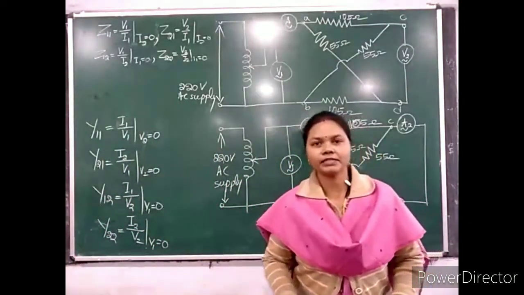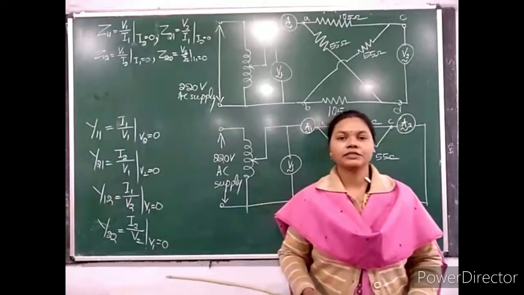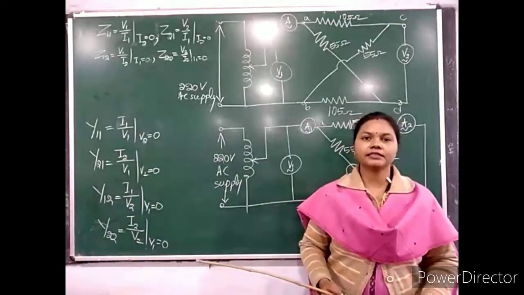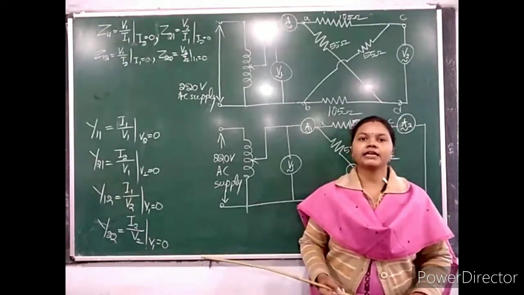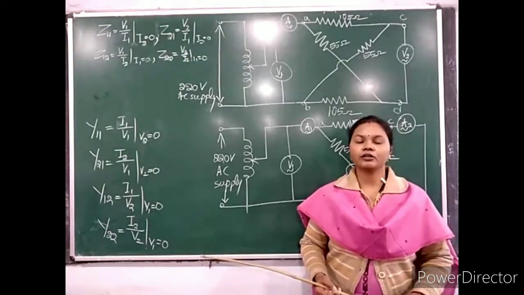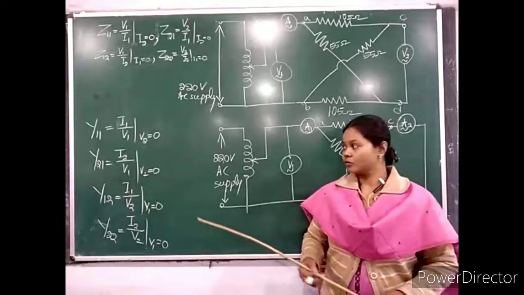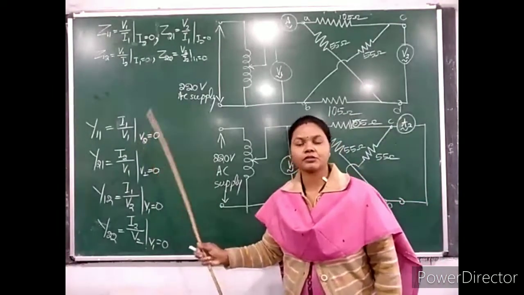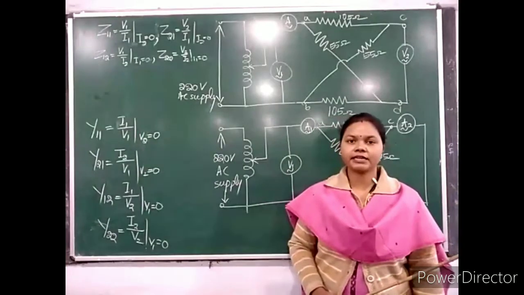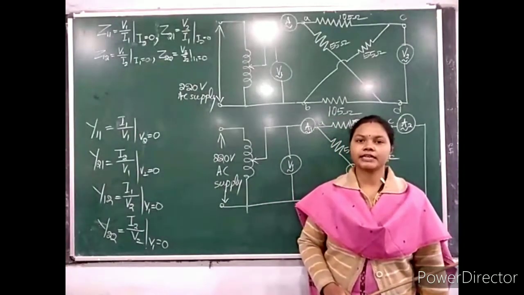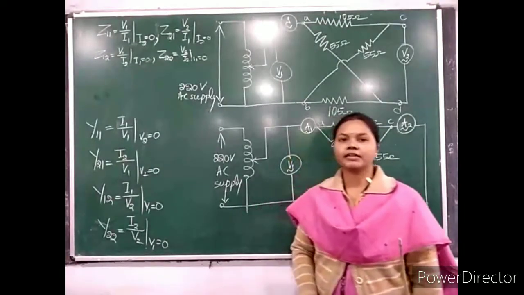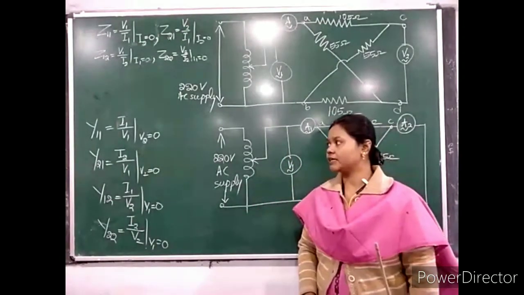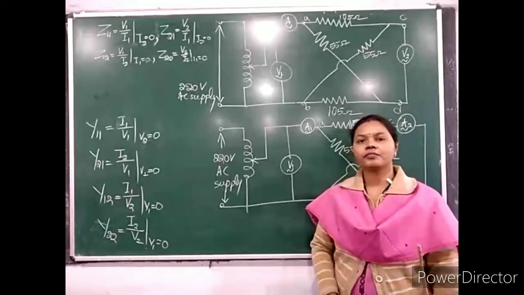Likewise, just as you find Z parameters by open circuiting either the input or output port, you calculate Y parameters by short circuiting either the input or output port.